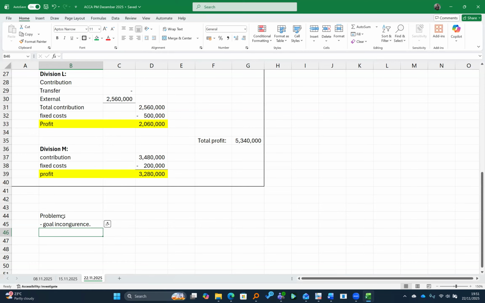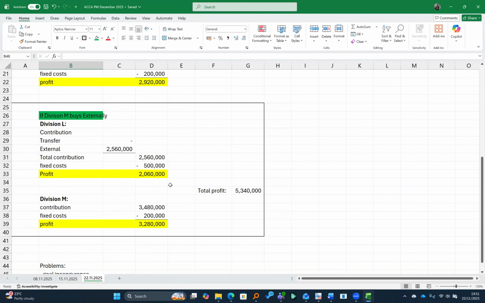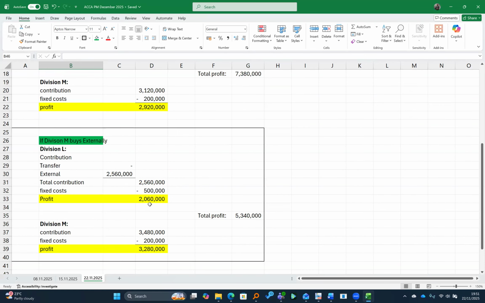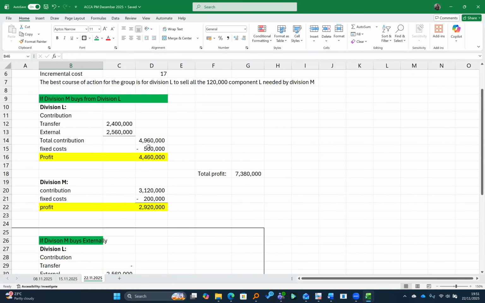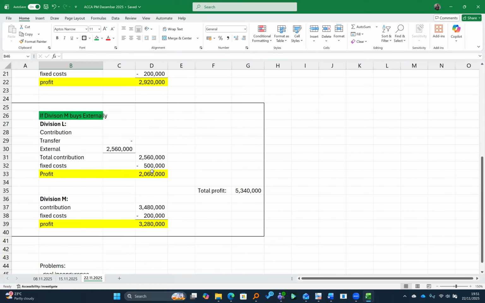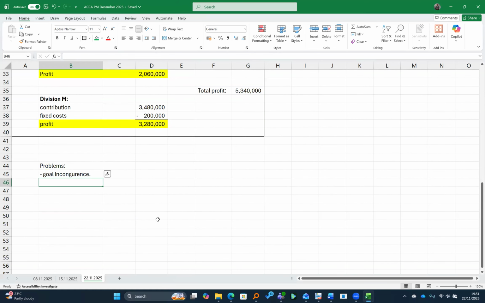And now, the profits that they would have made by buying externally are reduced, and those profits end up going to division L because it's selling at 40, whereas they could buy at 37 from outside.